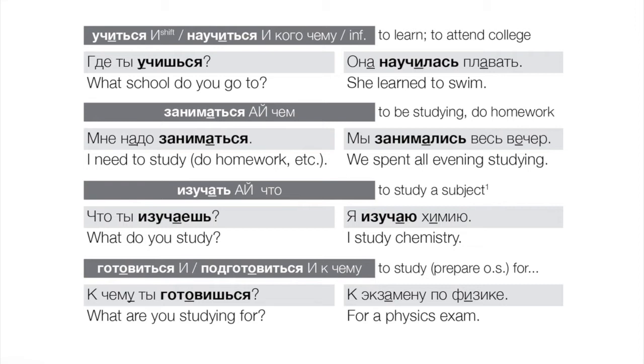We're studying к чему, for something. To or towards something would be the literal understanding of that in Russian. К чему ты готовишься? For what are you preparing yourself? What are you studying for? К экзамену по физике. I'm studying toward an exam in physics. По, we've seen that before. It takes the dative, and that's often used for academic subjects. A test in physics, a lecture in physics, or whatever.